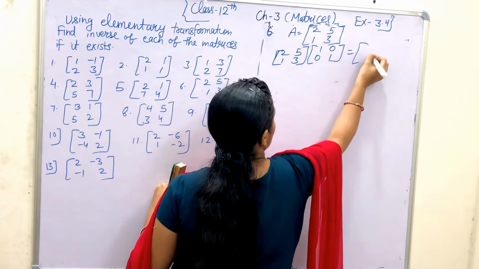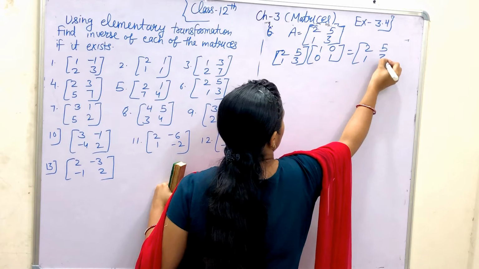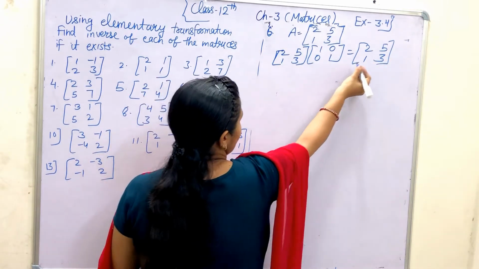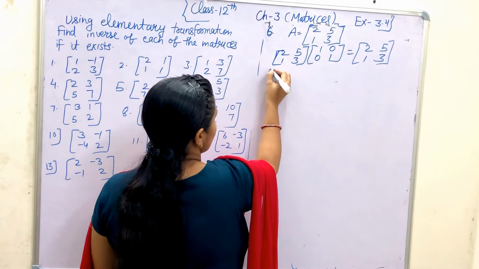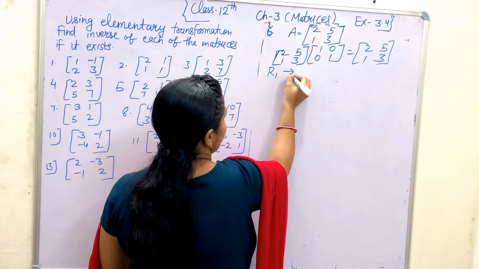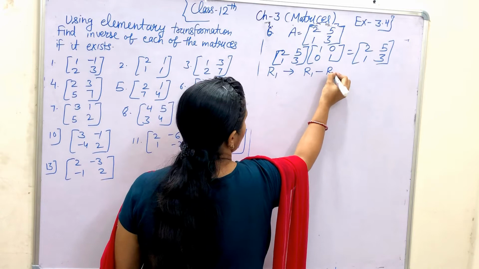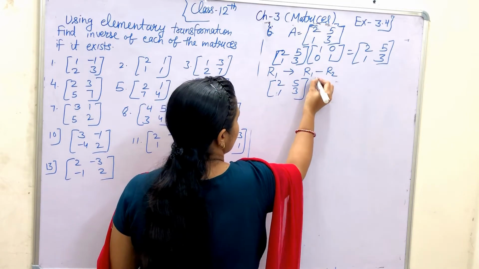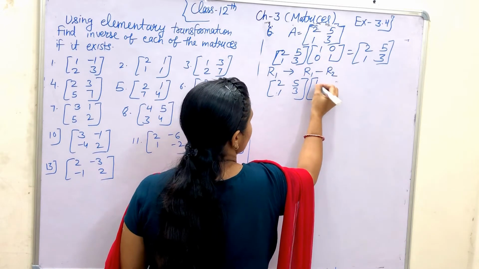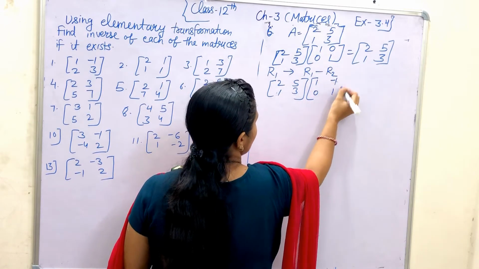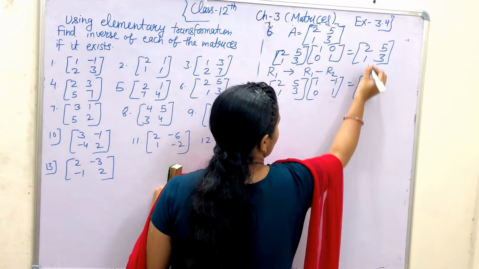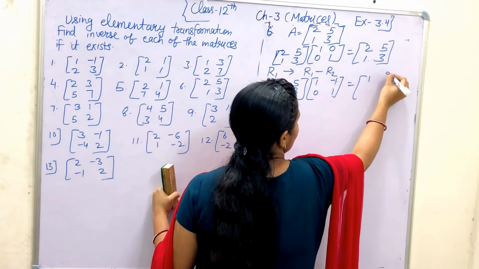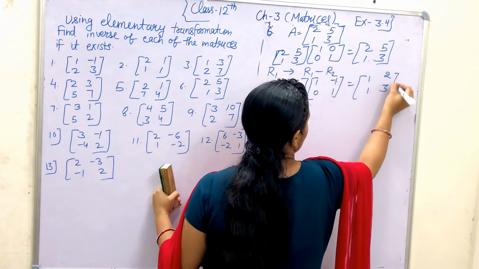Here is 2 5 1 3. Now using elementary, we know that we have to make it 1. So we apply R1 as R1 minus R2. Here we get 2 5 1 3. 1 minus 1, 1 minus 1, 0 1. Here we get 2 minus 1, 2 minus 1, 1. 5 minus 3, 2 1 3.